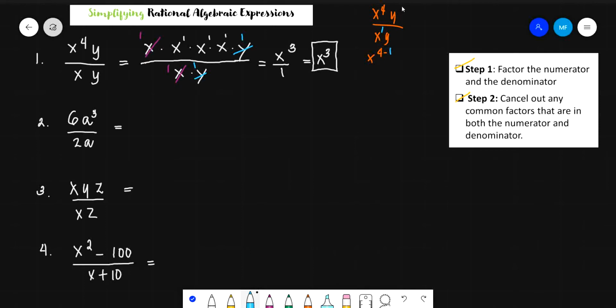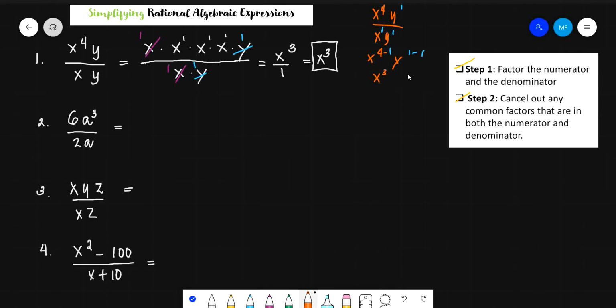Ang exponent nito is 1, exponent nito is 1. So, y. Pagbuhin natin. We have here x, 4 minus 1, so that would give us x cubed.